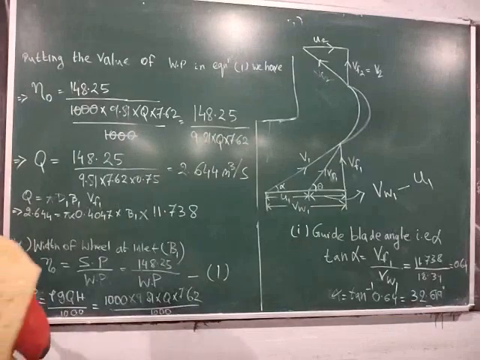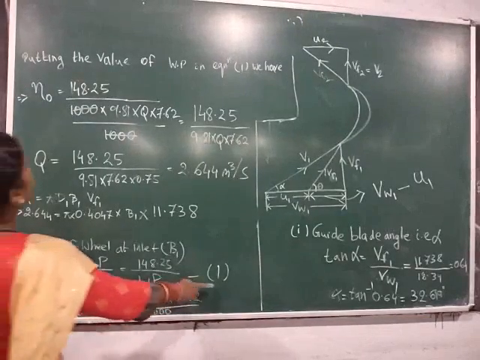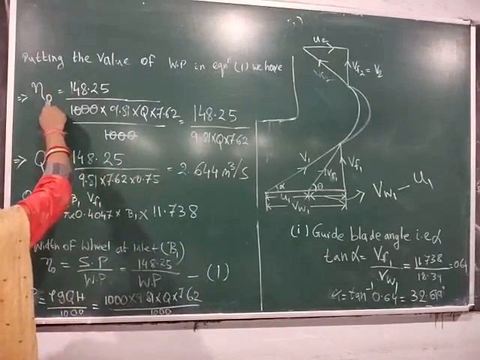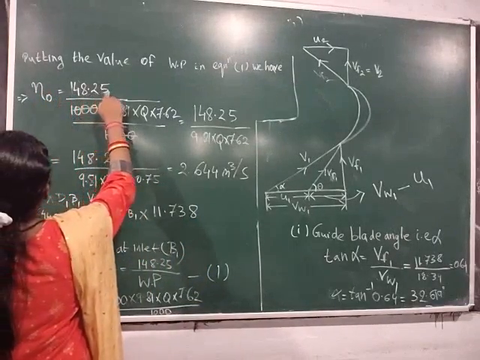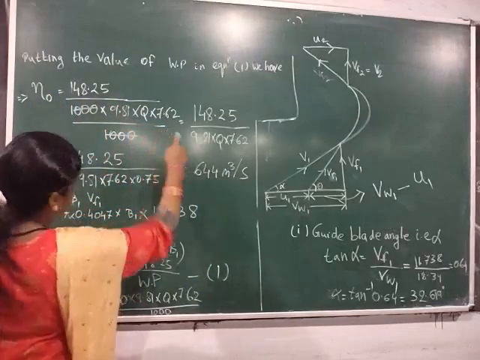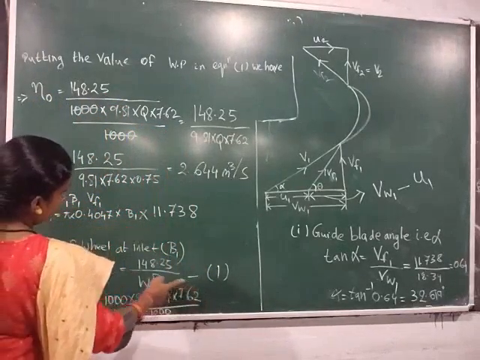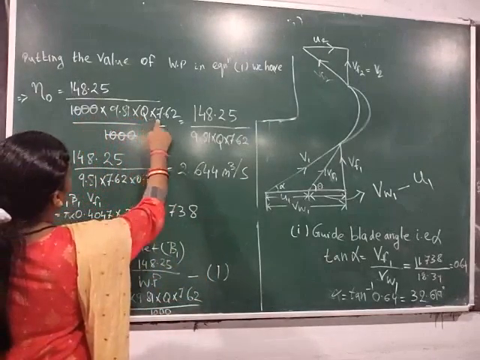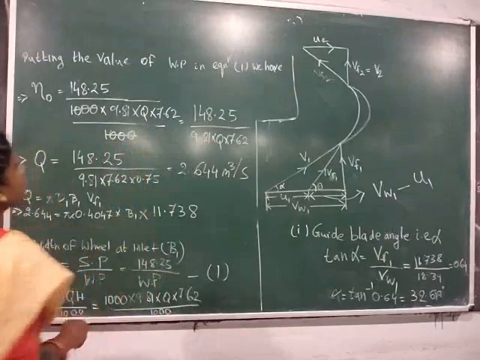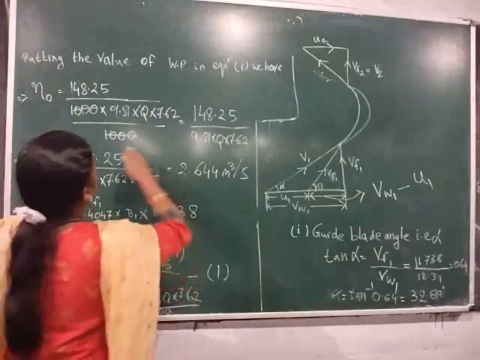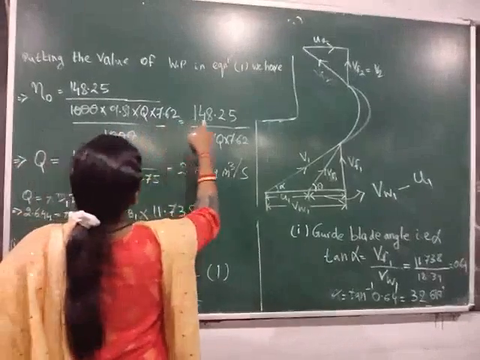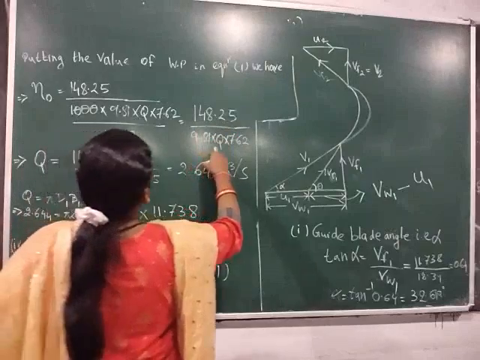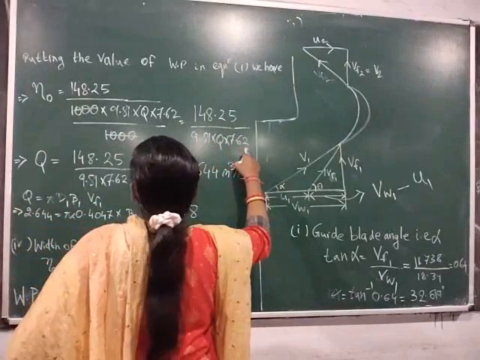Next, putting this value of Wp in your equation 1, we have overall efficiency equal to 148.25 divided by water power, which is 1000 into 9.81 into Q into 7.62 divided by 1000. This gets cancelled and we are getting 148.25 divided by 9.81 into Q into 7.62.